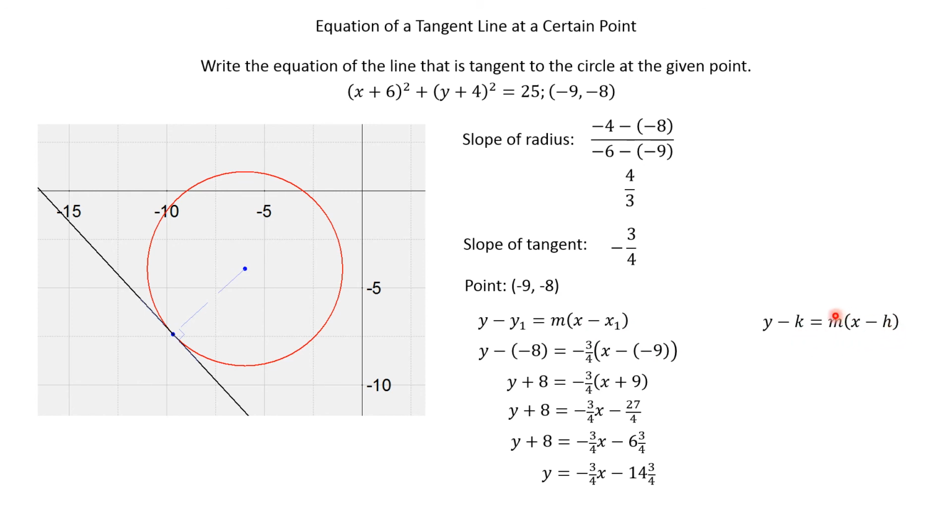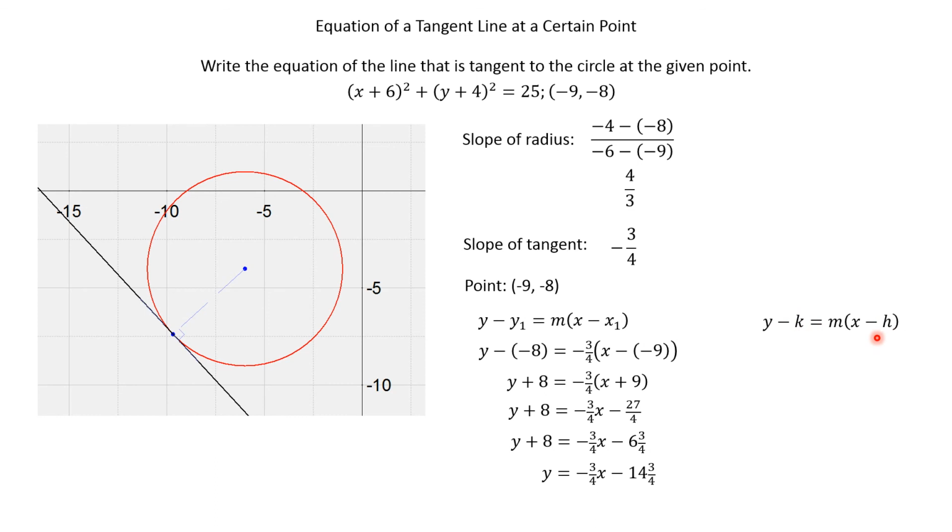So here, this shows that this form of the equation of a line is really just a transformation. It's a translation of y equals mx. In fact, m, the slope, is a vertical stretch or compression. But the minus h, then usually we'd have plus k, but we have it subtracted over here. Minus k.